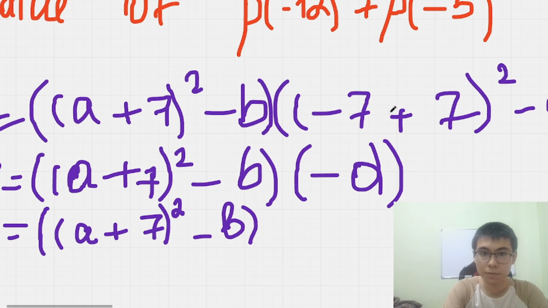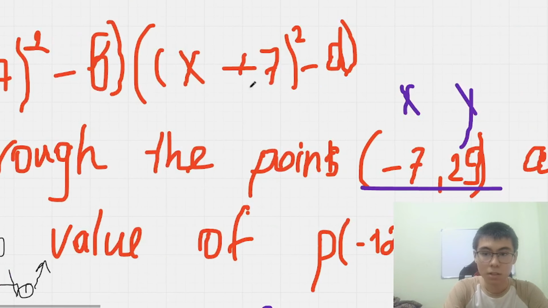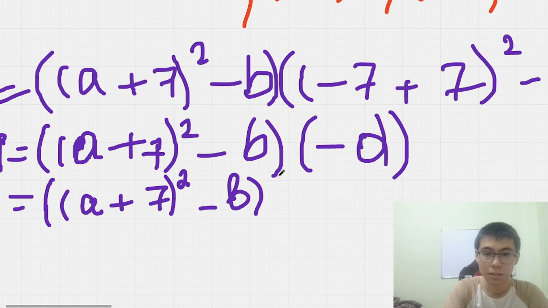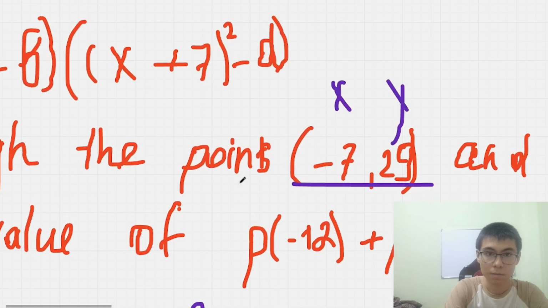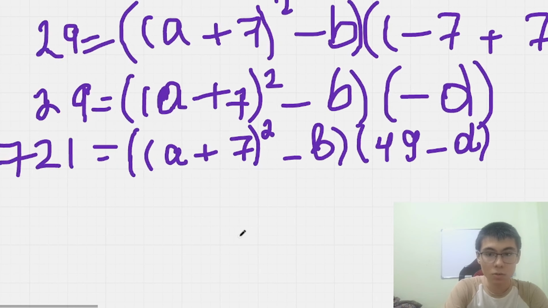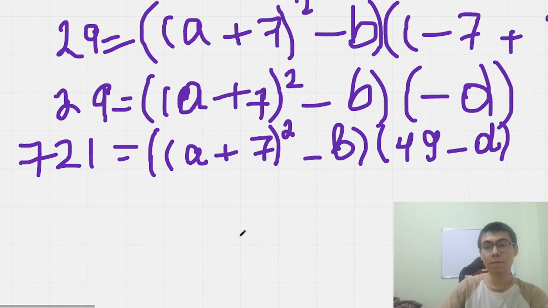If we have 0, that would be 7 squared, which is 49, minus d. 49 minus d. So as you can see, we've got all this.